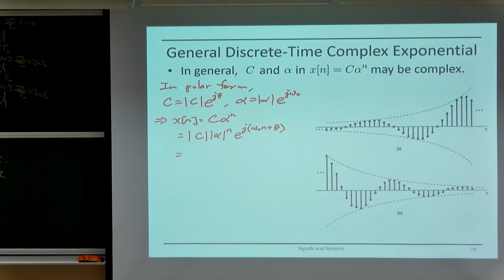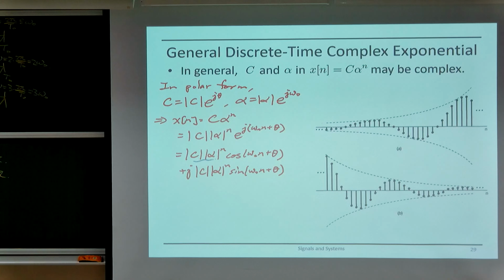If you like, you can also expand this into the real part, which is cosine of (omega naught n plus theta), and the imaginary part, which is sine of (omega naught n plus theta).